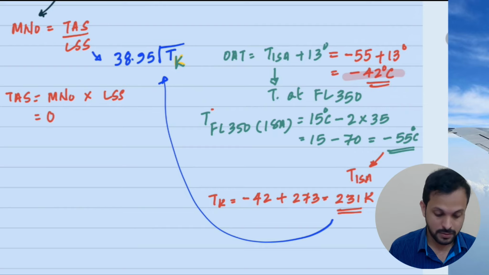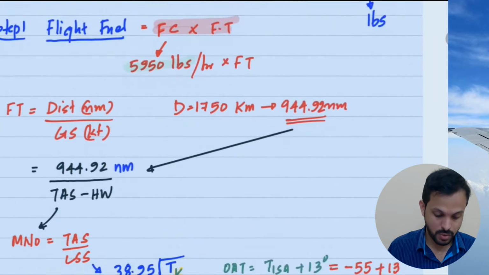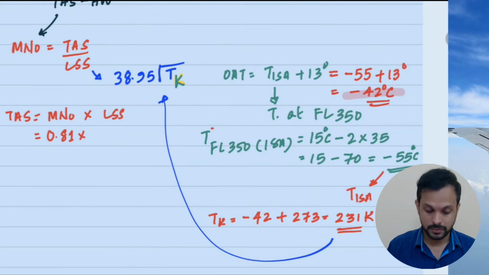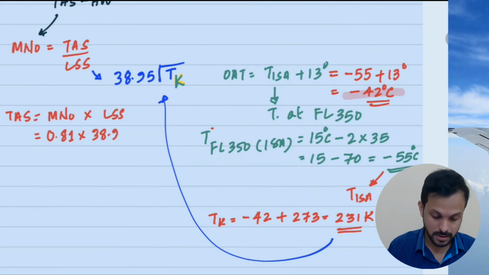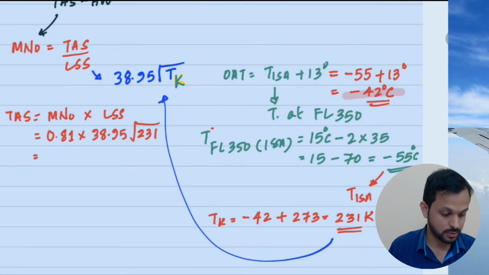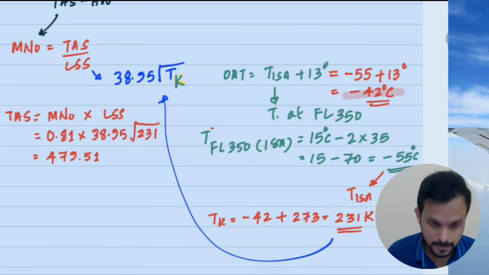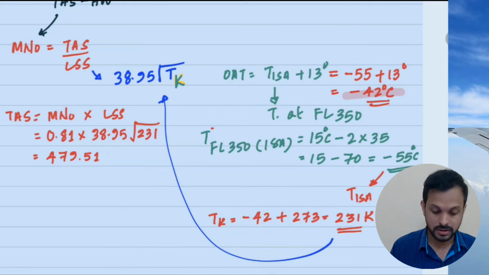So Mach number is given in the question as 0.81, multiplied with local speed of sound, 38.95 root of temperature in Kelvin, which is 231, and that is going to be 479.51 knots.